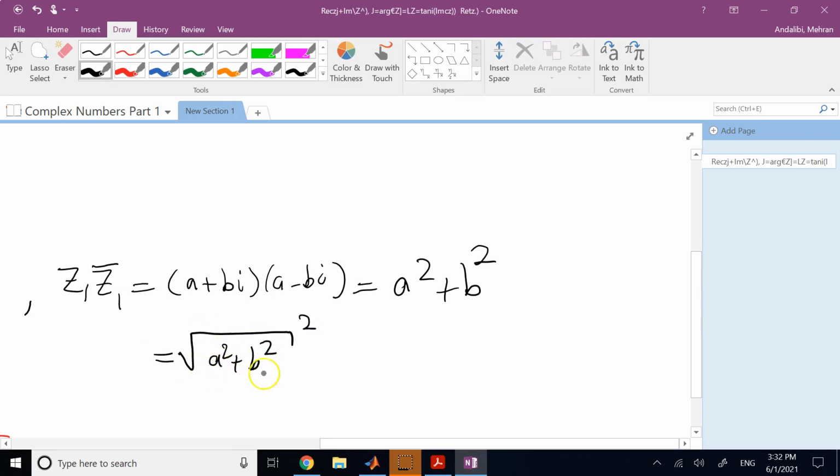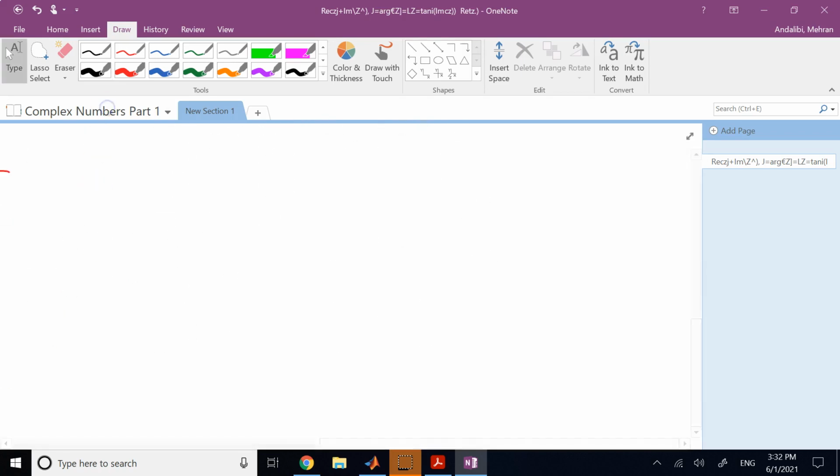And this square root is the real part squared plus the imaginary part squared, so it is going to be the magnitude of z1 squared. So when you multiply any complex number by its conjugate, the result is simply a single real number, and that is the magnitude of that complex number.